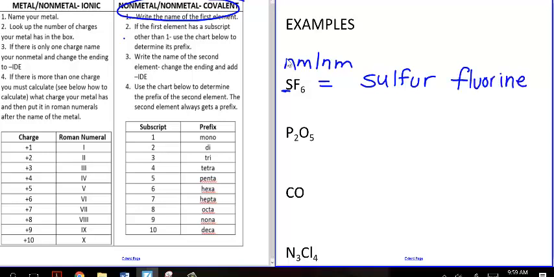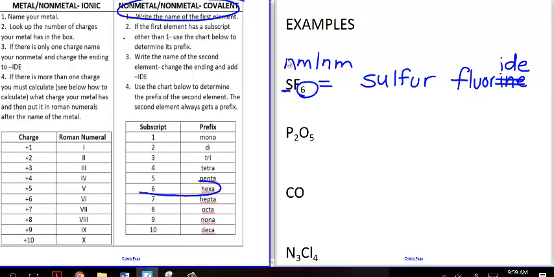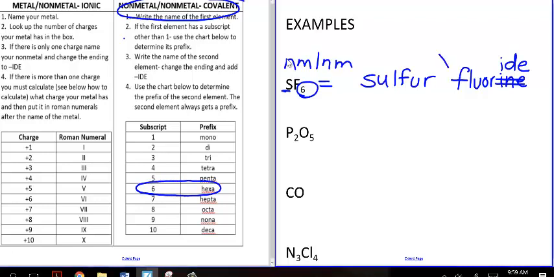Drop the ending. Now, normally you go 2 vowels in, drop the ending and add I-D-E. This is sulfur fluoride. And then use the chart below to determine the prefix of the second element. The second element always gets a prefix. So fluorine has a subscript of 6. So on our chart here, we'll go to 6, and 6 is hexa. So this is going to be sulfur hexafluoride.